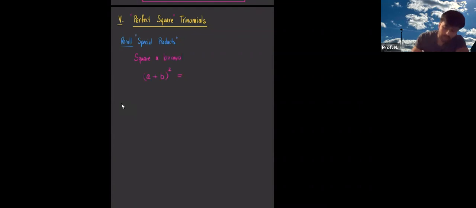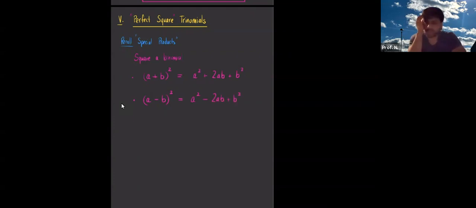What do you get? You get a squared plus 2ab plus b squared, right? And then we can have the other version, which is when you have a binomial and you're subtracting the terms, but you're squaring it nonetheless. And you get a squared minus 2ab plus b squared.